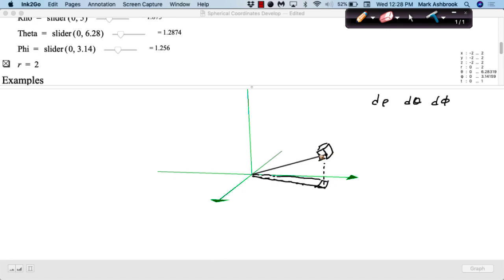You should be thinking B, right? It's a change away from the origin. So this right here is d rho. Do you see that?